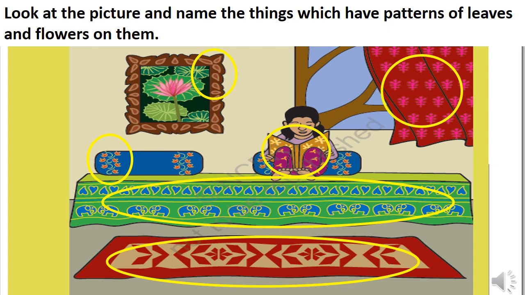We have photo frame, pillow cover, bed sheet, floor mat, curtain, book cover, and clothes of a girl. So all these things have plant pattern. There are leaves, flowers, and all of them are repeating and creating a beautiful pattern.